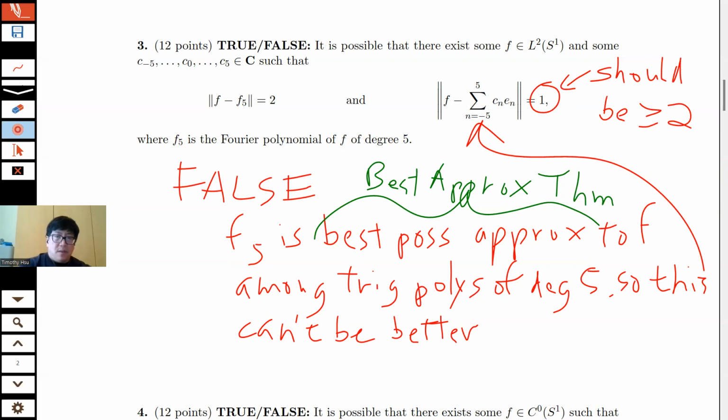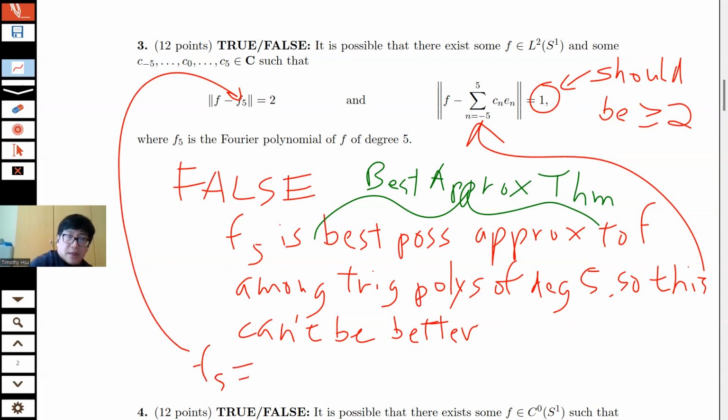Yes. Is that not F5 though? What is the summation called again? Let me remind you what F5 is. F5, remember, is a sum from -5 to +5 of something times E sub n, but it's F hat of n. The coefficients are the Fourier coefficients. Yeah, F hat of n.